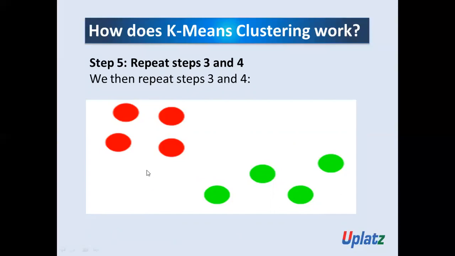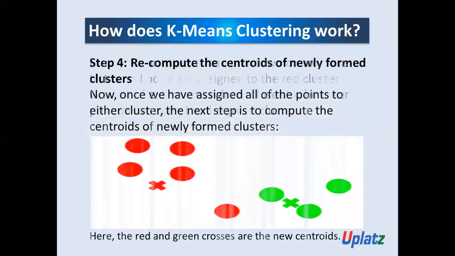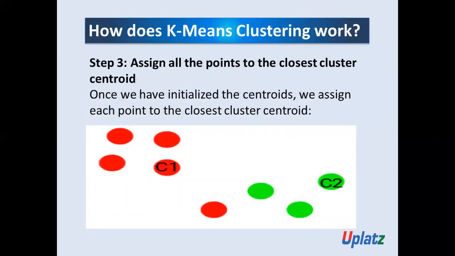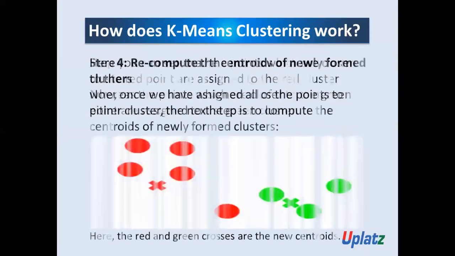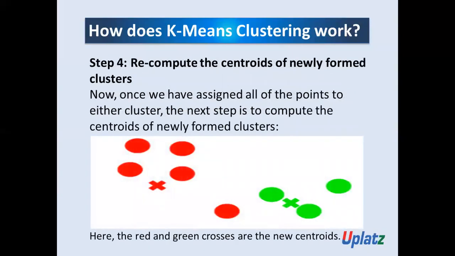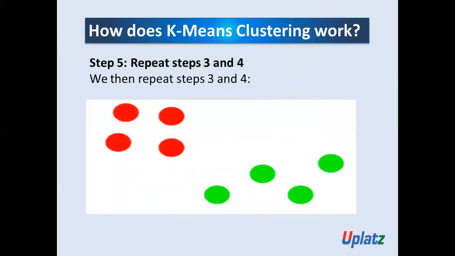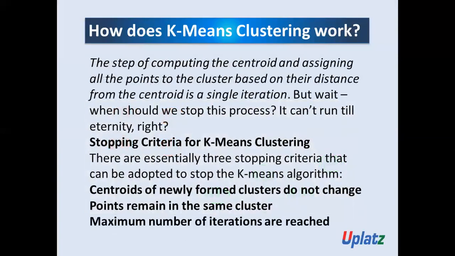In step 3, we assign all the points to the closest cluster centroid, and in step 4, we recompute the centroid of a newly formed cluster. This is our newly formed cluster. Then again you perform step 3. So at what point should you stop?